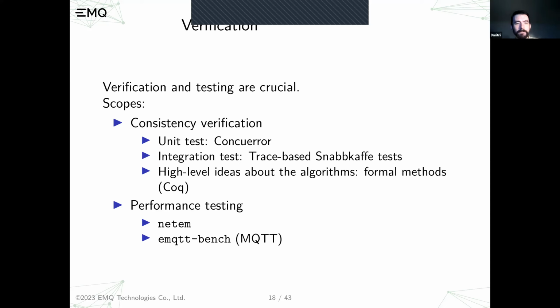Mnesia does a lot of input-output, and we had to resort to a different approach using trace-based Snabbkaffe test suites. Snabbkaffe is a library which allows to capture trace events from processes as long as they're manually instrumented with trace points, and then analyze history of program execution offline.